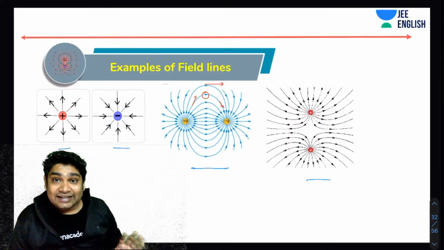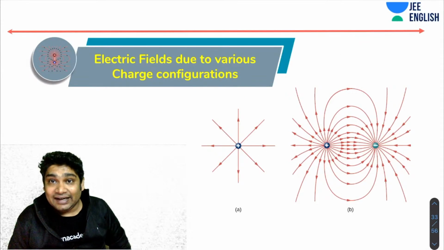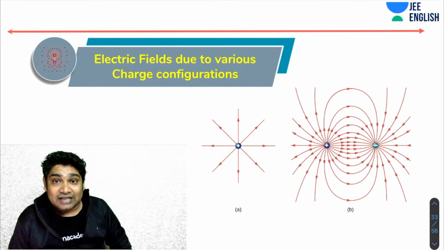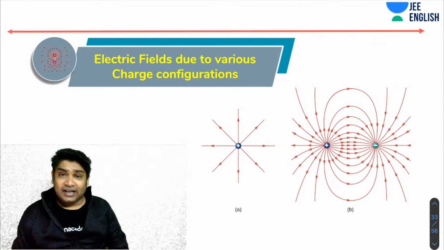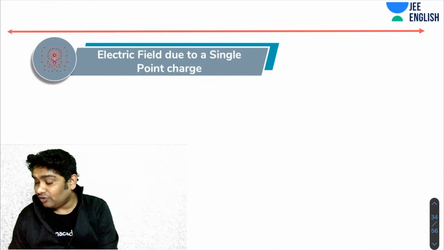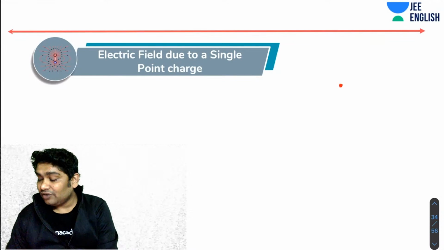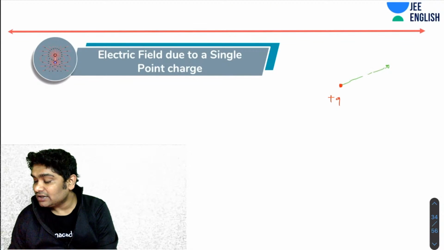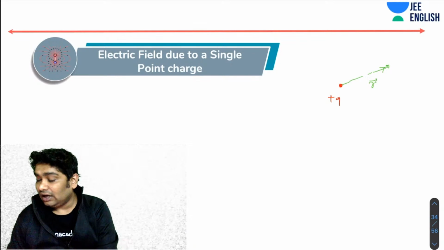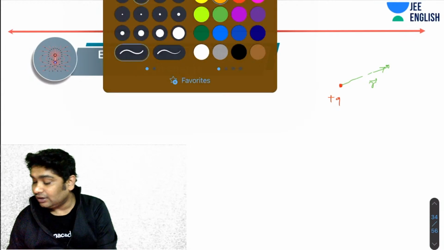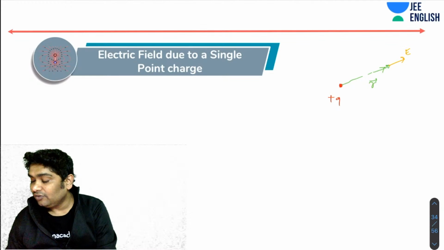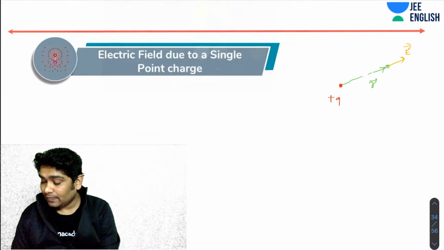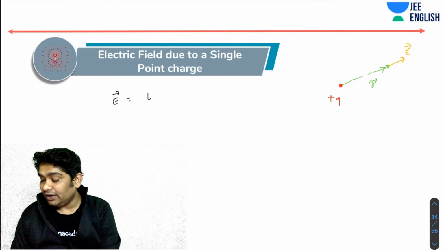All right. Next, let's quickly study the electric fields due to various charge configurations. First, the electric field due to a single point charge. Let's say you have plus q, and at a point at a distance r, having a position vector r, the electric field vector E would be k q over r square r cap.